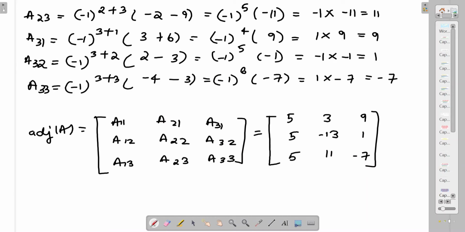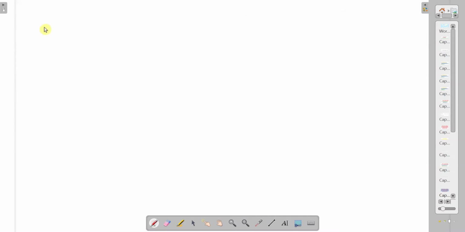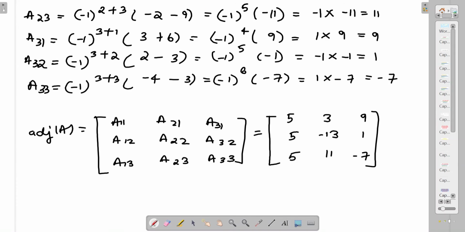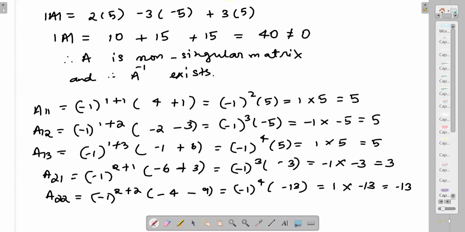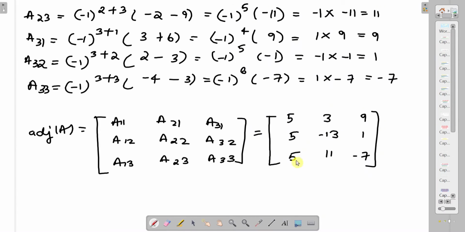Now we can write the A inverse. So A inverse will be nothing but equal to 1 by determinant of A, adjoint of A. So that is nothing but 1 by 40, determinant of A was 40. Okay. So 1 by 40, and adjoint of A is this.